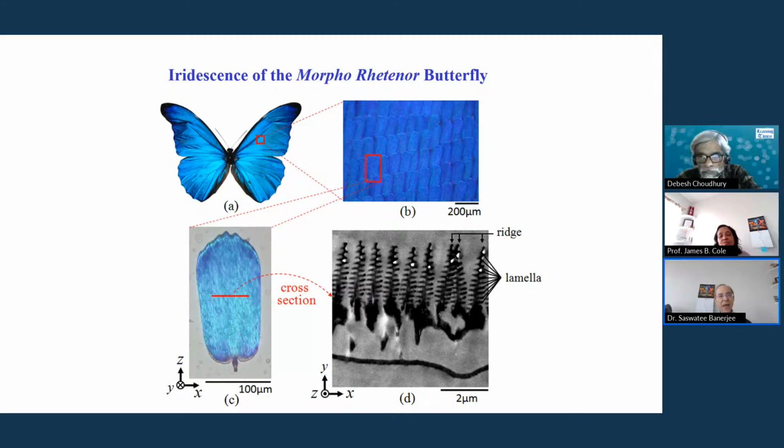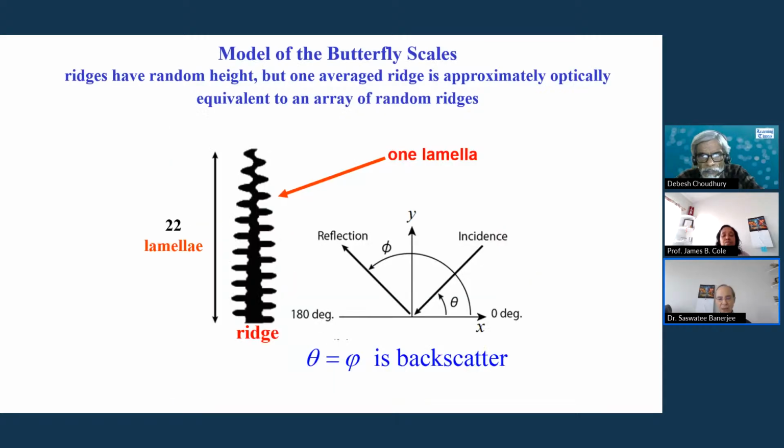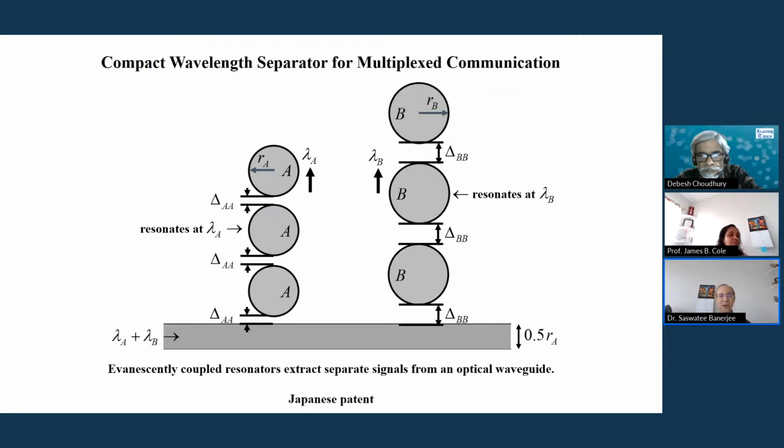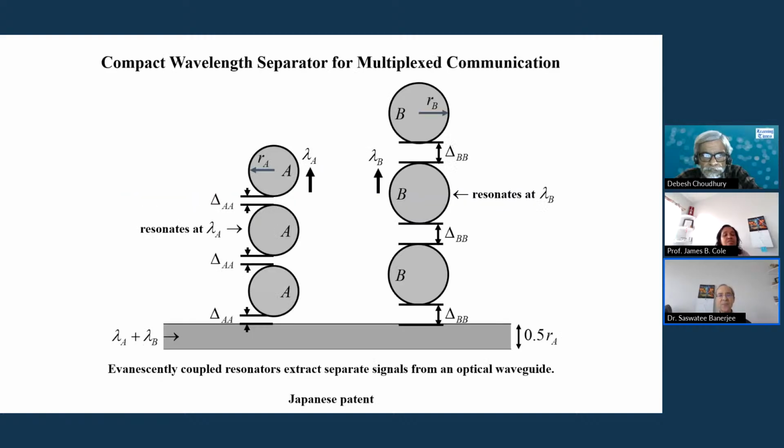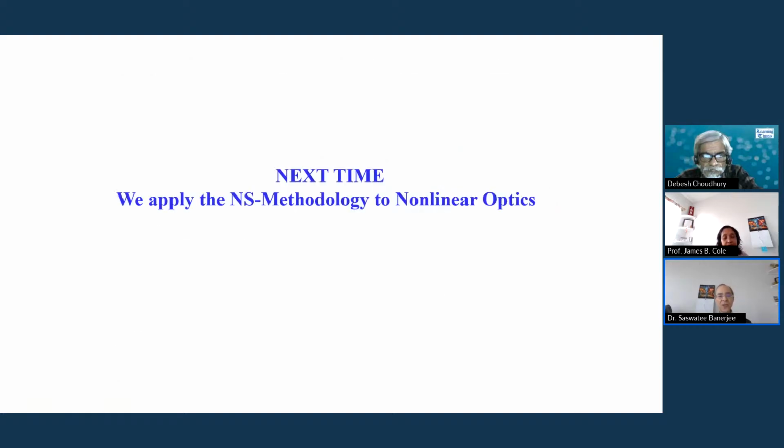She also did a lot of work analyzing some biological systems, which I think she will discuss later, making models of biological systems using non-standard FDTD. We've used this to develop a device that can separate wavelengths for multiplexed communication. This is a patent that we filed in Japan.